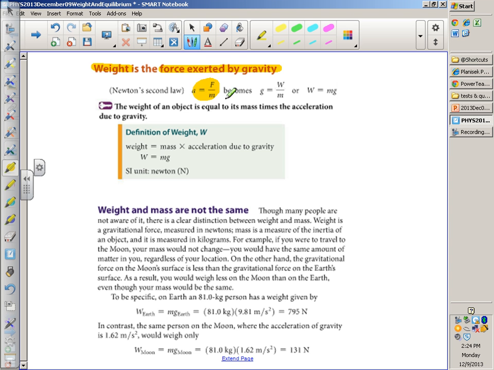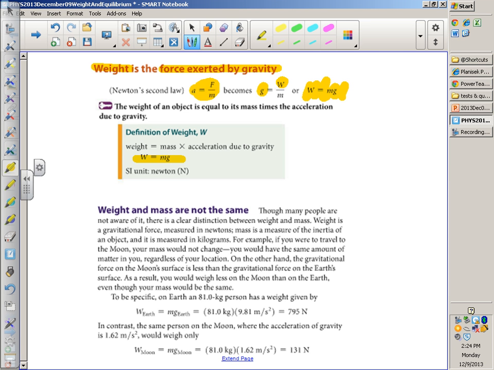A couple chapters ago, we found out that the acceleration caused by gravity, we give a special letter, lowercase g. That represents the acceleration caused by gravity, which here on Earth we know is 9.81 meters per second squared. If we plug that in for the acceleration, and for the F in that equation we substitute W for weight, we can rearrange this equation and get this. Okay?